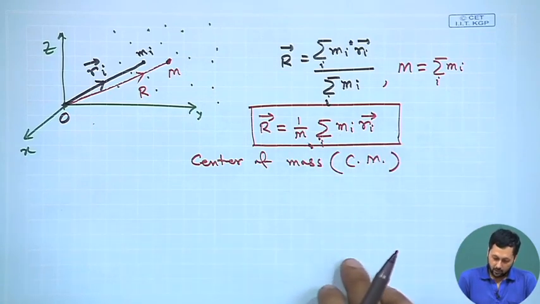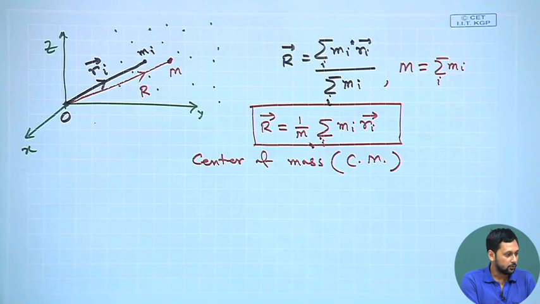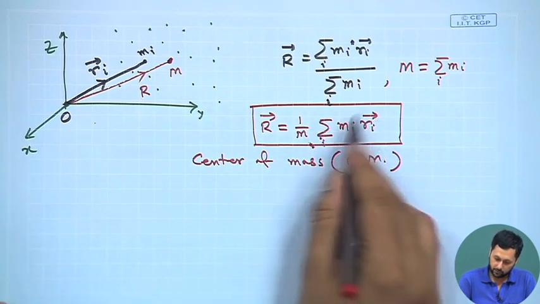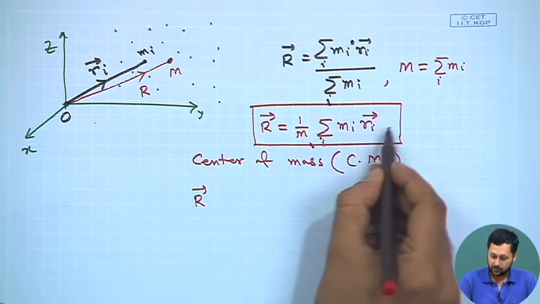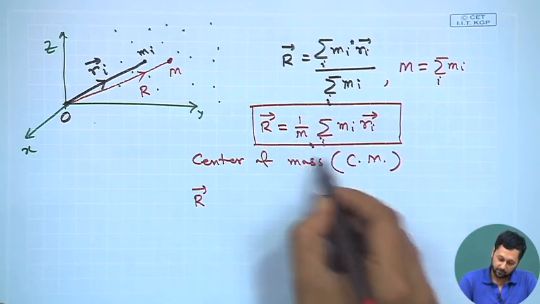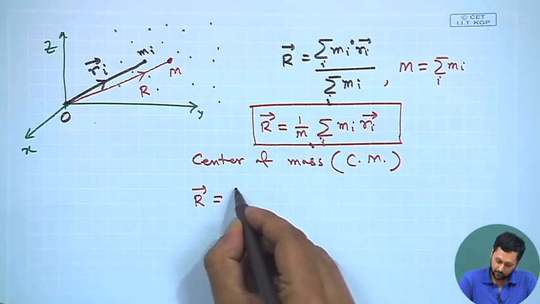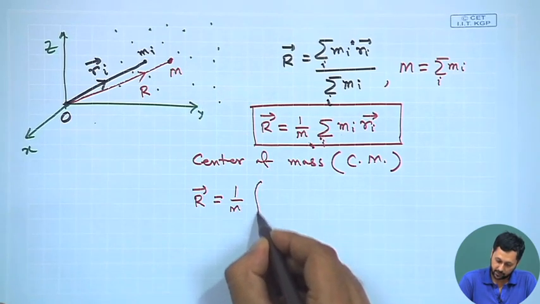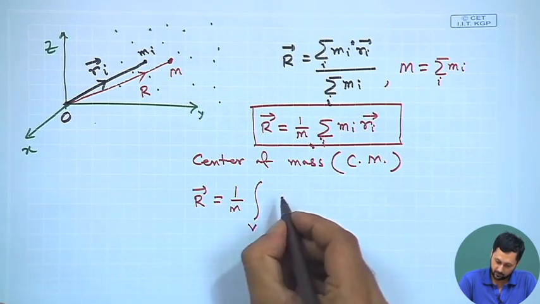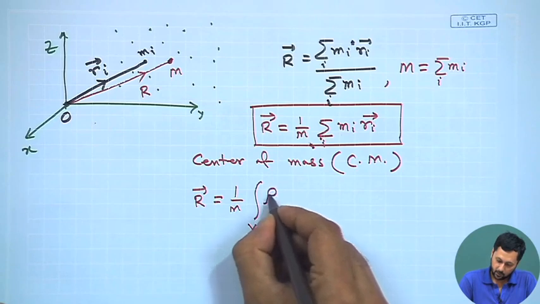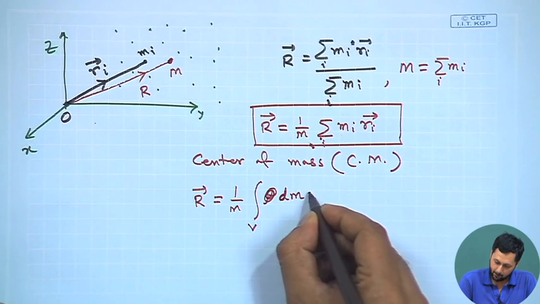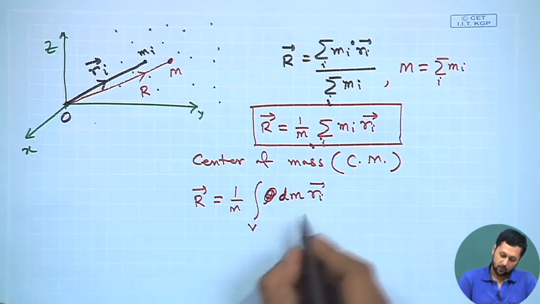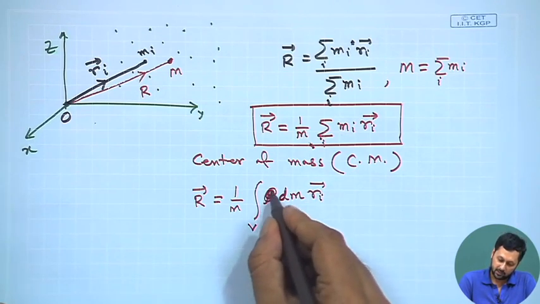If we look into this equation closely, for a continuous system we can substitute this summation with an integration, and we can write this as 1 over M, integration over the entire volume of dm r, where dm is the element of mass.